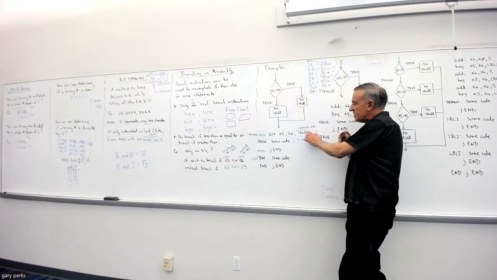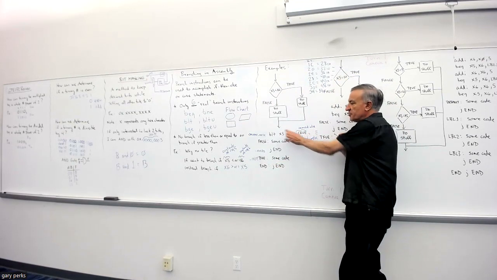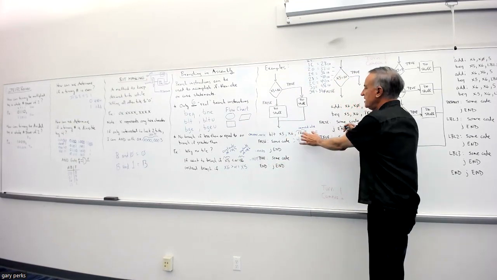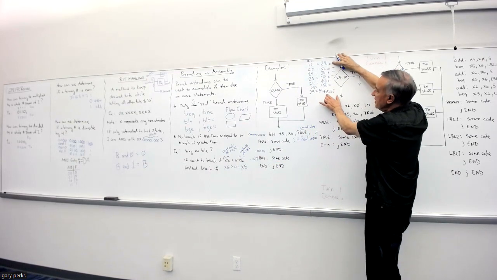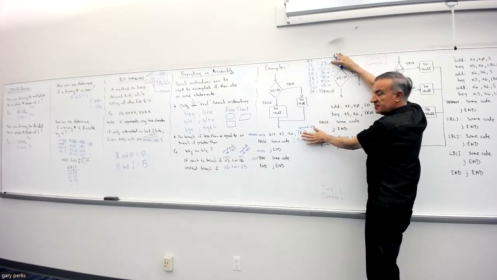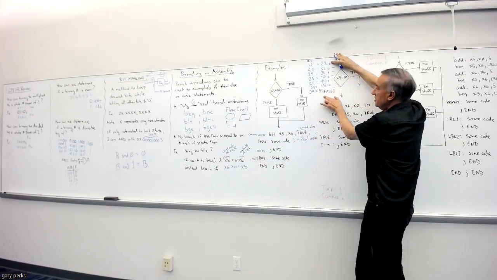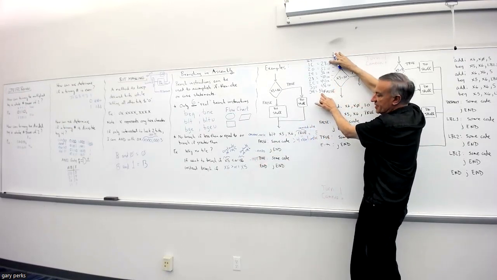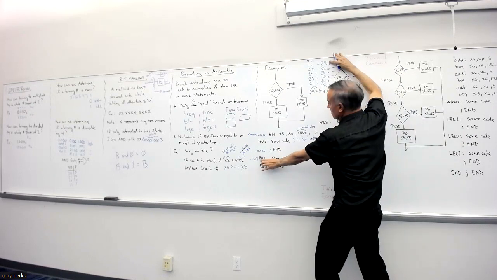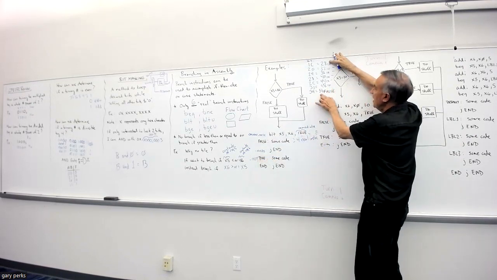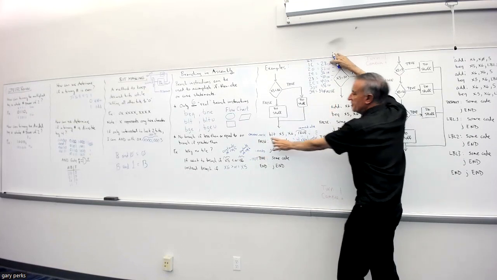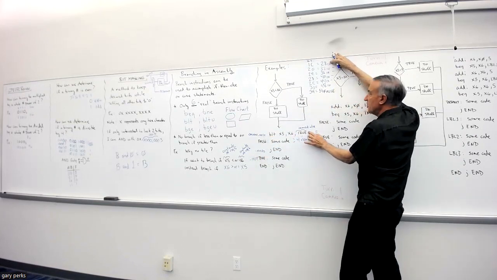So you see this number for the branch instruction is an offset. It's the difference between where the branch instruction is and where the label is. The difference of this address 52 in base 10, which is 34 hex, and this address 1C where the branch instruction is.